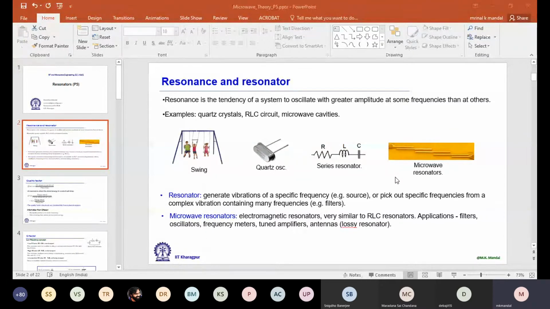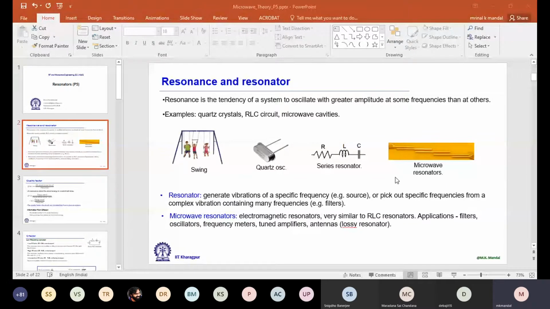Other than filters, there are many other applications like oscillators. So again, I will refer to your analog circuit class. There you have learned about different types of resonators, and in almost all the resonators, you might have seen that there is a tank circuit which determines the resonant frequency.